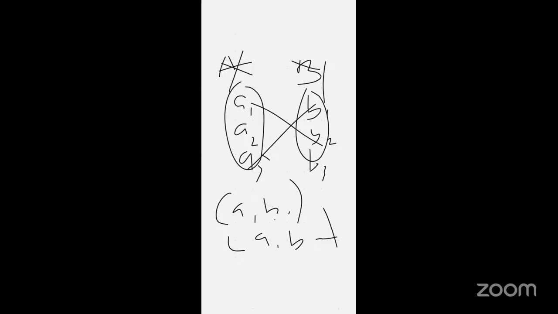The set of elements in A can have the set of all the values. This is set A, set B. So we can have the set of values A1, A2, and A3, where we have B1, B2, and B3.